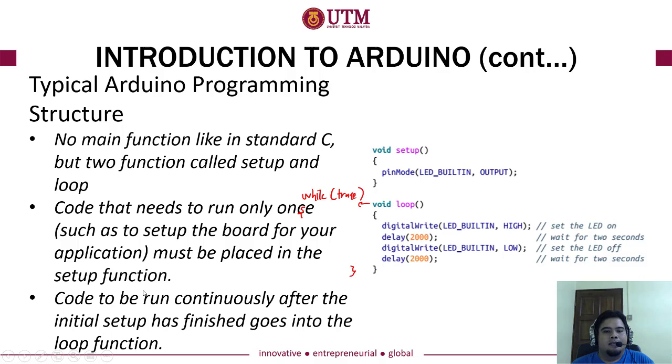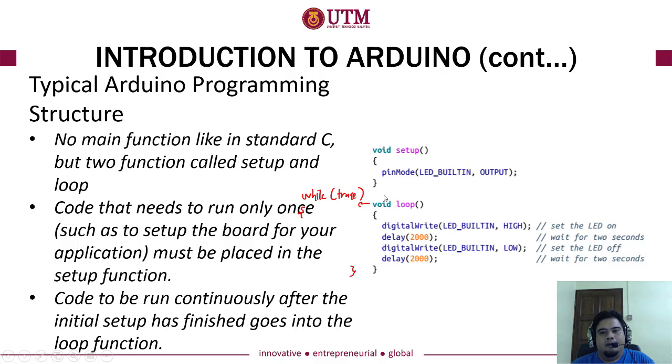But if you want to run code continuously and keep repeating the same code, you must put it inside the loop. So if you see the LED blinking example over here, the initialization, for example initializing the pin related to the built-in LED, you must put here.